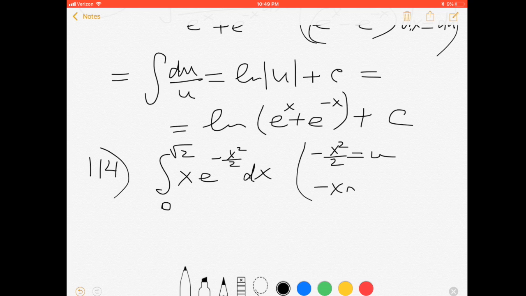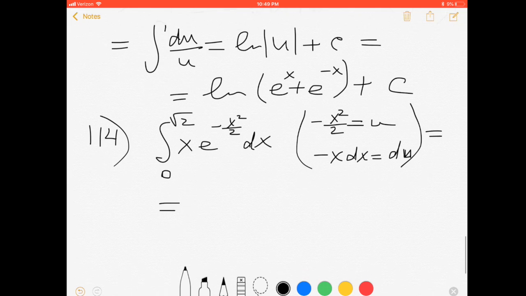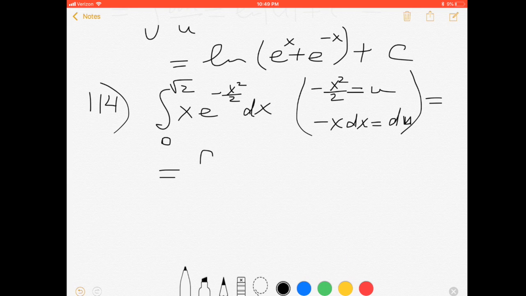Then du is minus x dx. This means your new integral will be e to the u du, but because you need the minus, you have minus here.